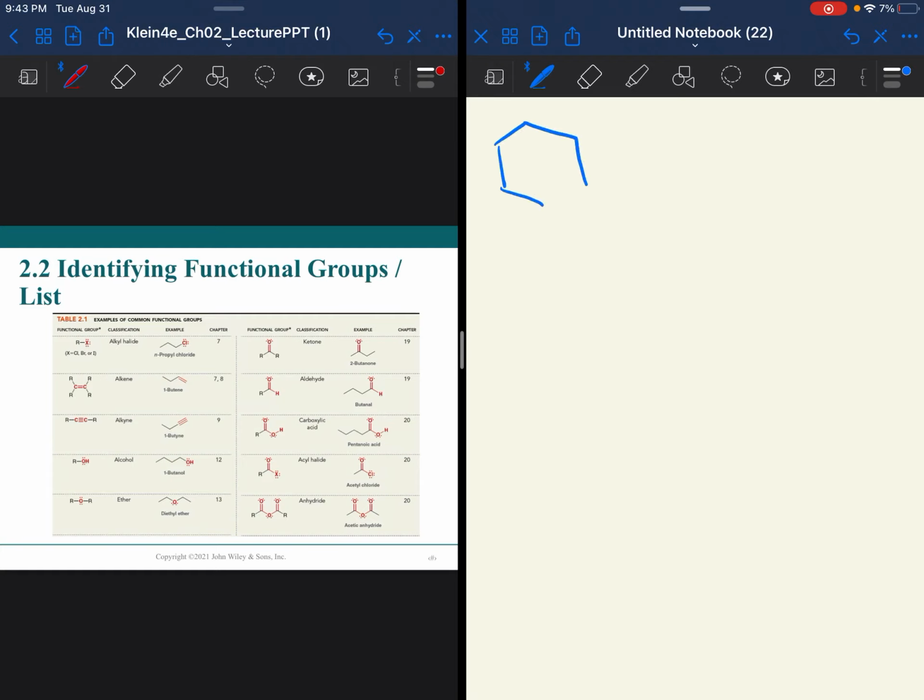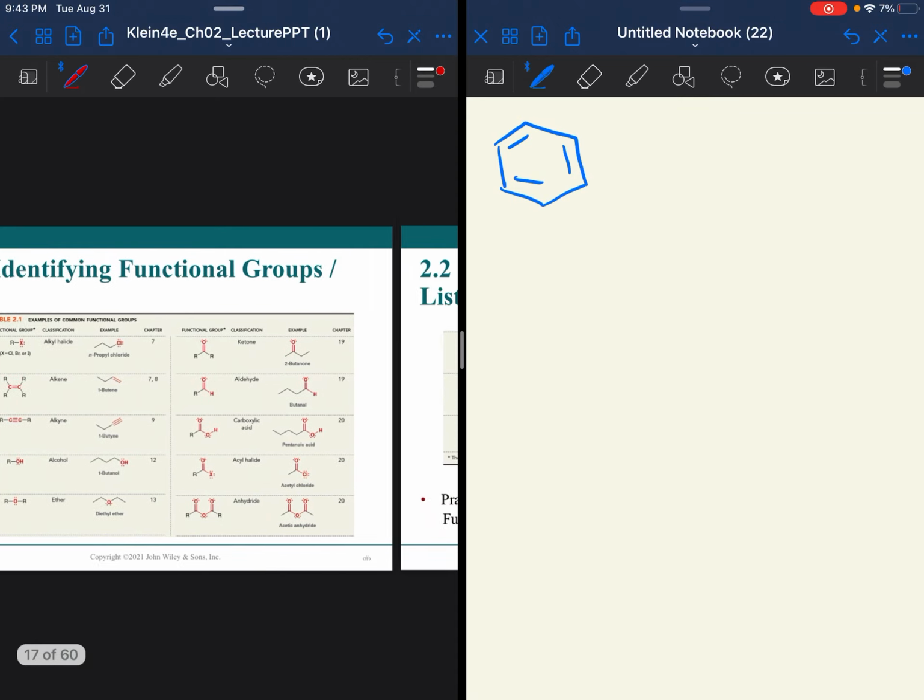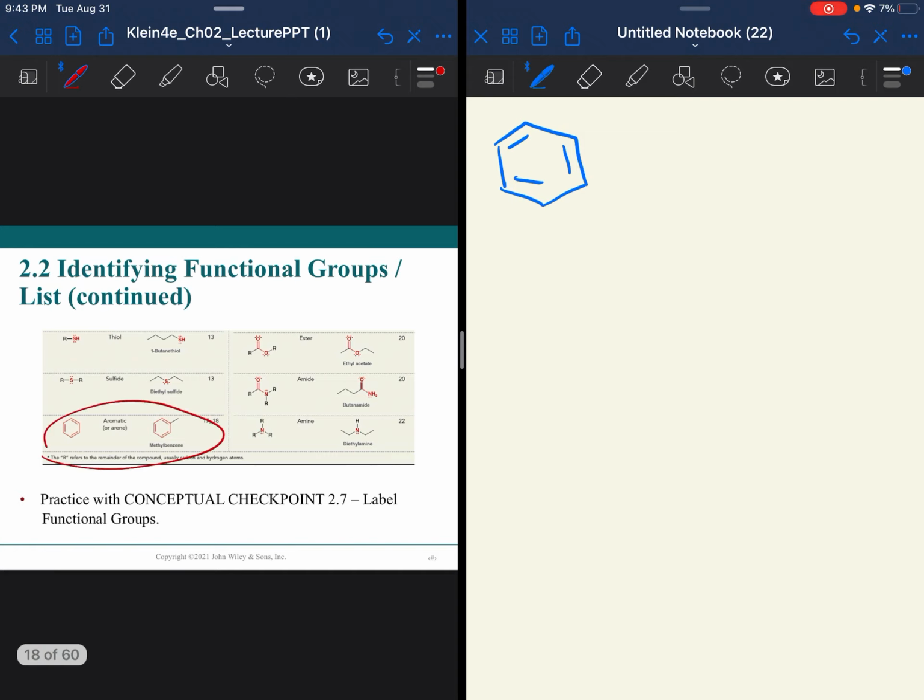A specific type of triene, right, is based on the benzene ring. It's a 6-carbon ring with 3 alternating double bonds. And you see that here, kind of at the bottom of the chart. This is known as an aromatic group. We spend 2 chapters in Organic 2 talking just about aromatic structures and their reactions.